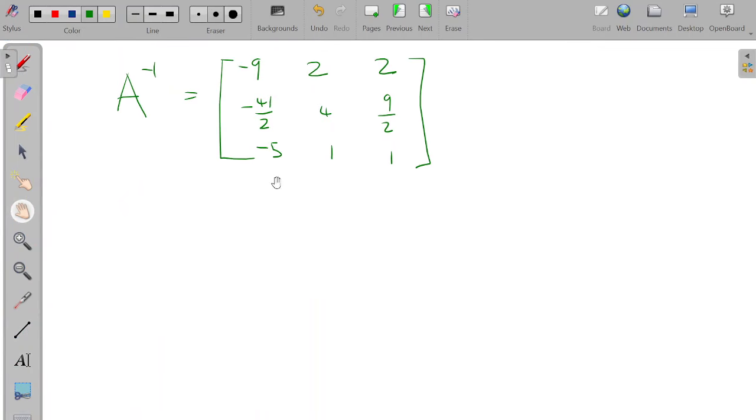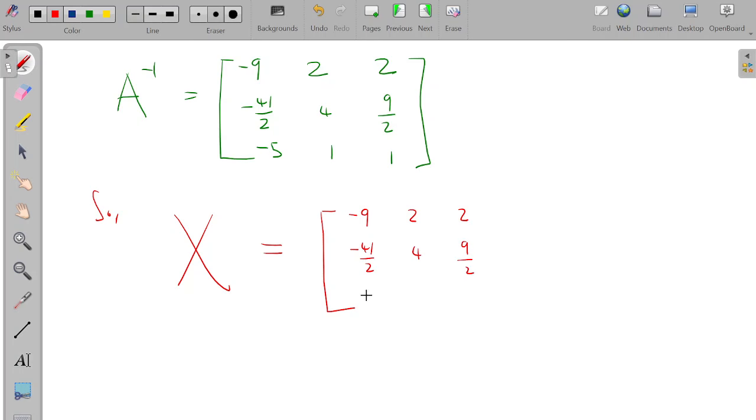So we got our inverse. Our X we are looking for will be negative 9, 2, 2, negative 41 over 2, 49 over 2, minus 5, 1, 1, multiplied by our B. What's our B? 1, 2, negative 1.